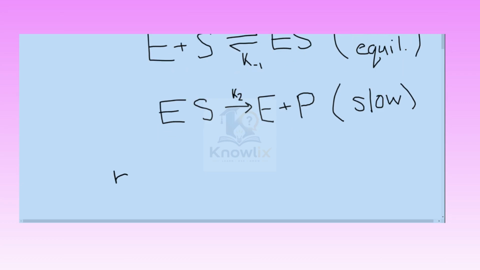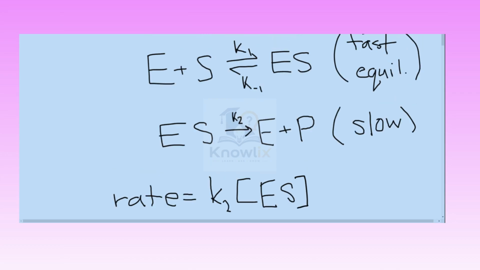Well, let's start. The second step is the slow step, so that would be the rate determining step. That would mean that the rate is k2 times the concentration of the enzyme-substrate complex.